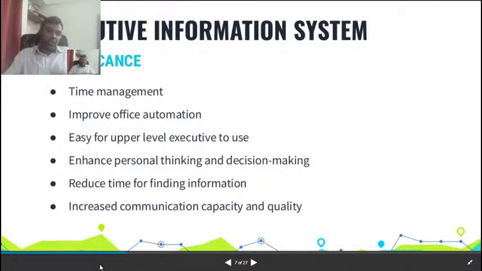Okay. One more example to understand what an executive information system is, using conjoint analysis. So what you do in a conjoint analysis: suppose management is planning to launch a mobile phone.